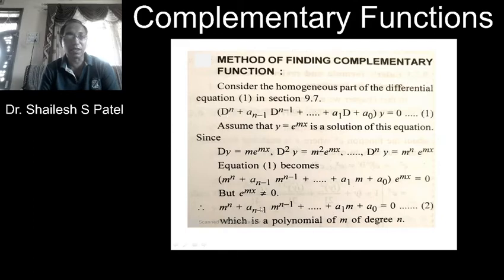M raised to n plus a(n-1) m raised to n minus 1 plus dot dot plus a1 m plus a0 equal to 0. This is nothing but an nth degree polynomial, and whenever we solve an nth degree polynomial, we get n roots, and the procedure of finding n roots is very easy. This already comes in the school level. So here actually we will consider, mostly in this chapter, in this topic, second order and third order differential equations.